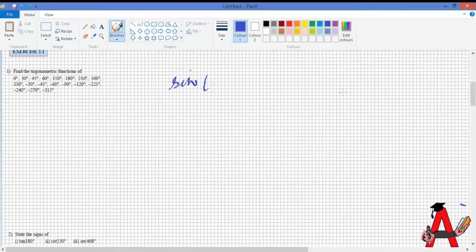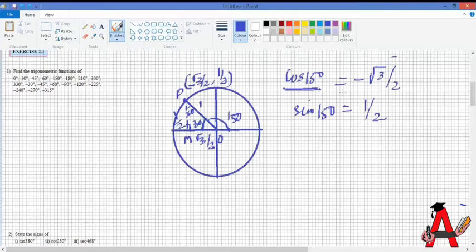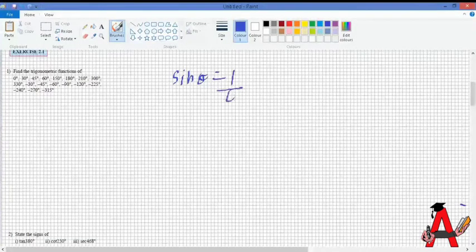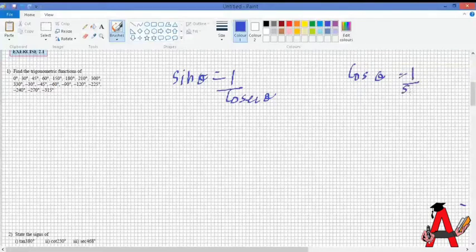Once you get sine and cos, you can find the reciprocals: sine's reciprocal is cosec, cos's reciprocal is sec. Using the basic formulas, we know that sine theta is equal to 1 upon cosec theta. Similarly, cos theta is equal to 1 upon sec theta. We also know that tan theta is equal to 1 upon cot theta.